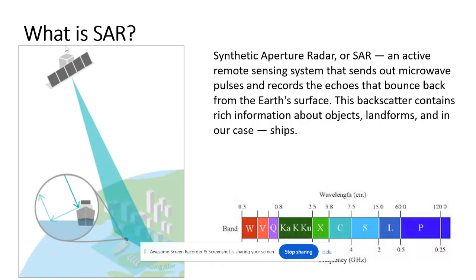This backscatter contains rich information about the object, landform, and in our case, ships. And these are the wavelengths that SAR uses. There are many types of bands, but Sentinel-1 uses this band, C band.